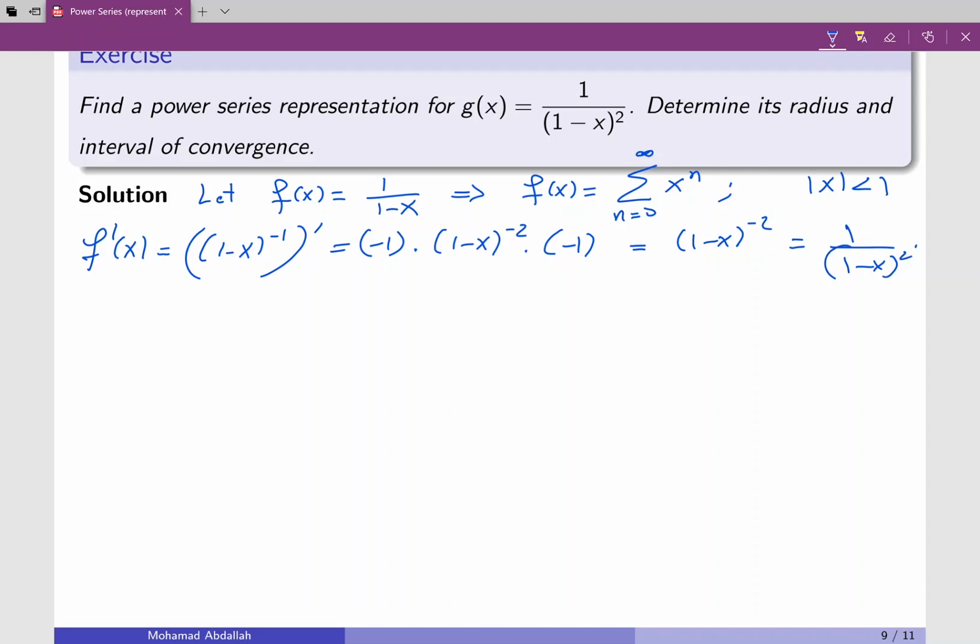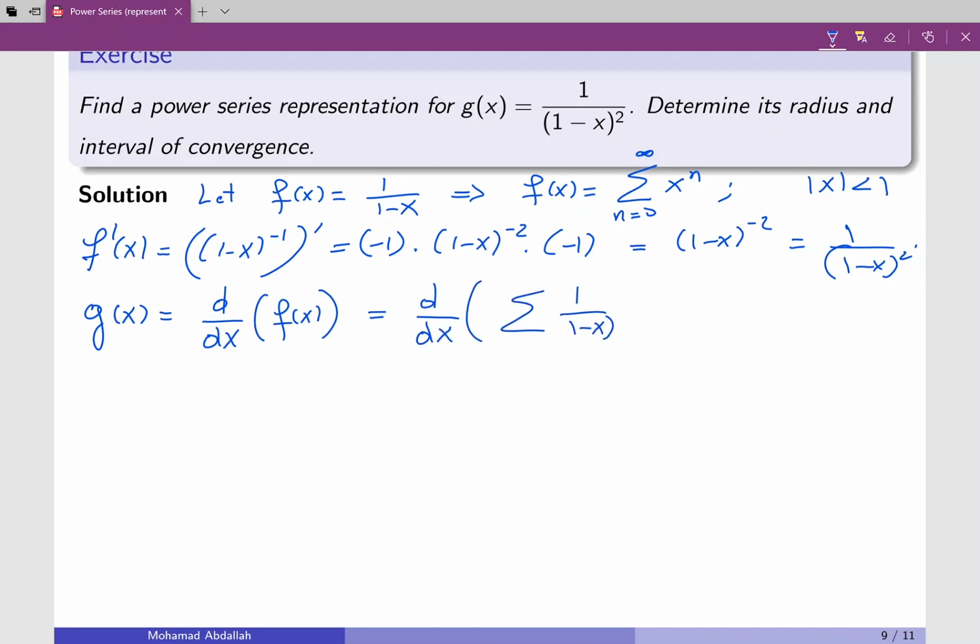This is good news, because the function that I want, g of x, is actually f prime. So g of x, the one that I want, is equal to d over dx of f of x, which means it's d over dx of the sum of x to the power n from n equals 0 to infinity.